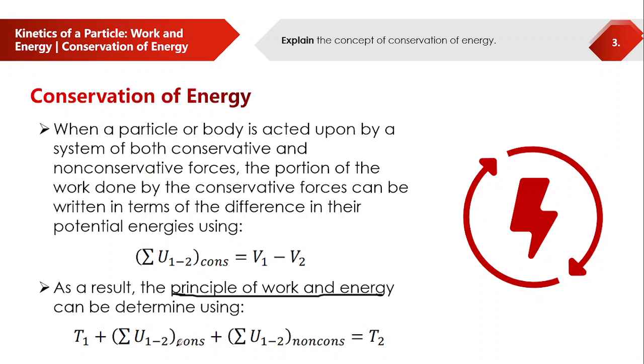So, meron tayong work sa conservative forces and also with the non-conservative forces. So, i-account natin yung dalawa and solve by lahat ng work done ng dalawang forces, i-add lang natin sa initial kinetic energy, makukuha natin yung final kinetic energy.